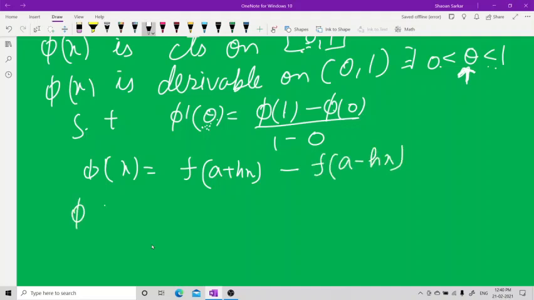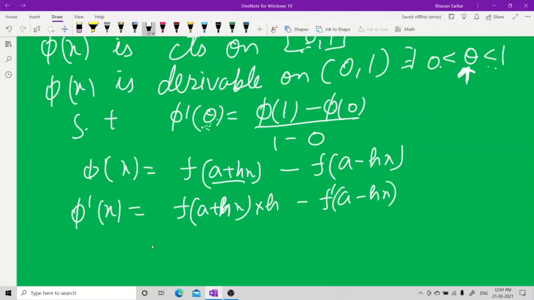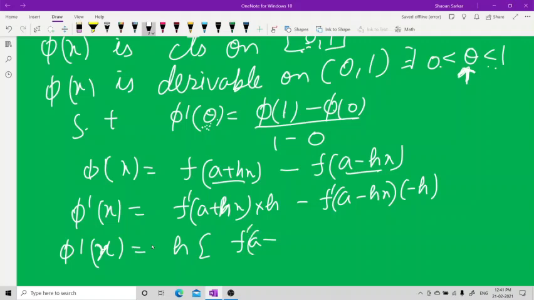Now phi dash x is f dash of a plus hx differentiated, giving h, minus f dash of a minus hx, and then you differentiate this, you get minus h. So phi dash x, taking h common, is h times f dash a plus hx, and this minus will become plus f dash a minus hx.